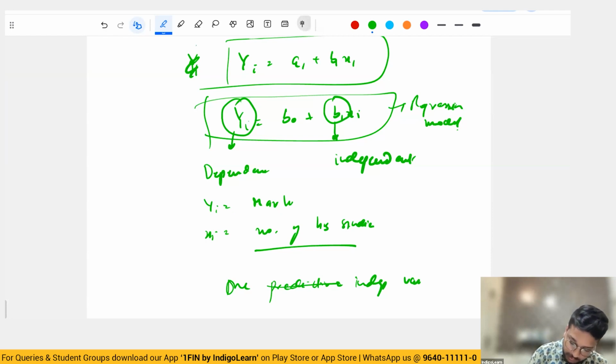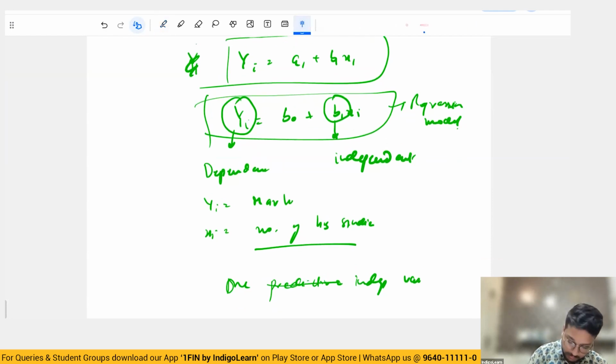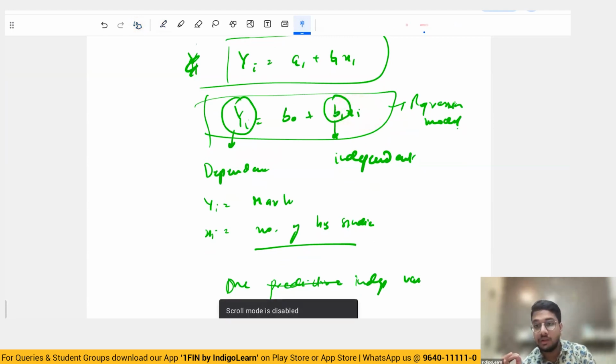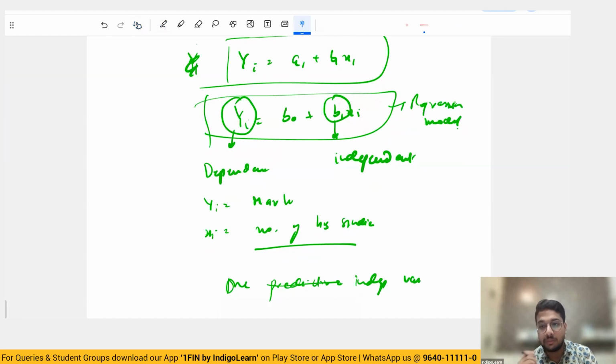I hope you are able to see, ये जो xi जो था हमारा, the xi which was given over here was only one independent variable. So that is why it was called linear regression. Linear regression has only one independent variable.